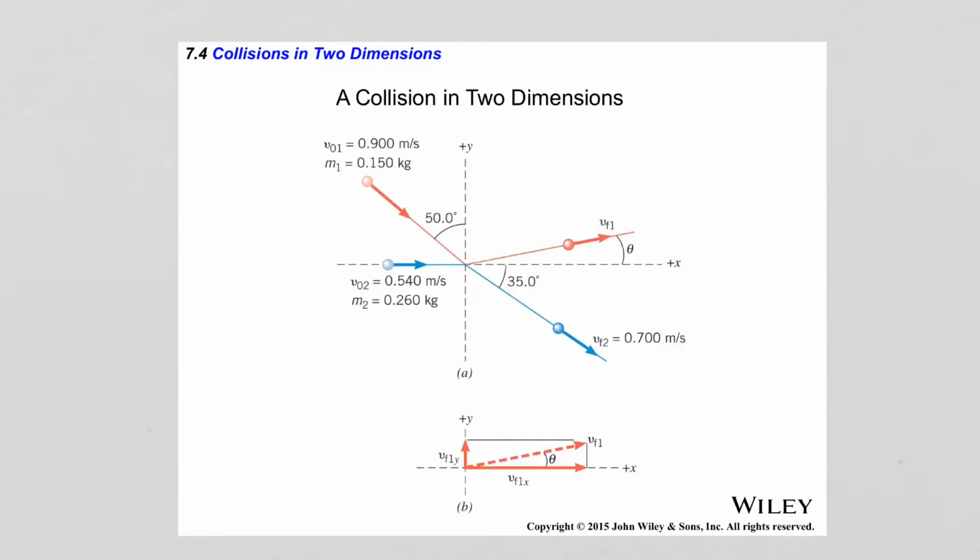a two-dimensional collision conceptually, without actually going into concrete examples, just to explain how the principle of conservation of linear momentum is used. So here we have 2 spheres with masses m1 and m2 moving with initial velocities v01 and v02 on a collision course as shown.